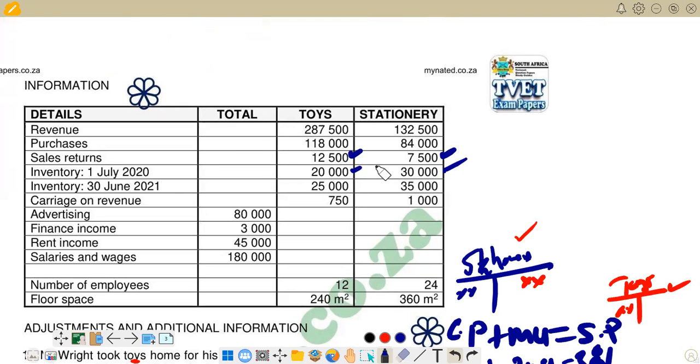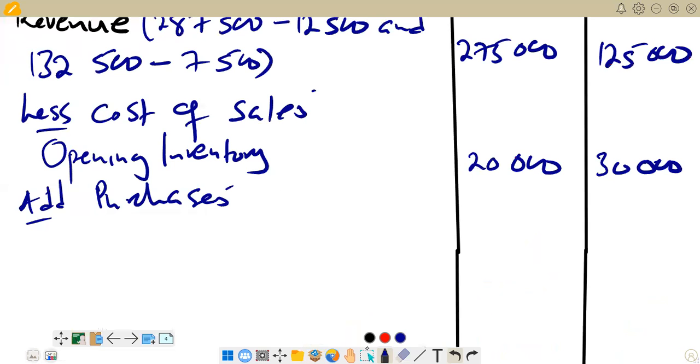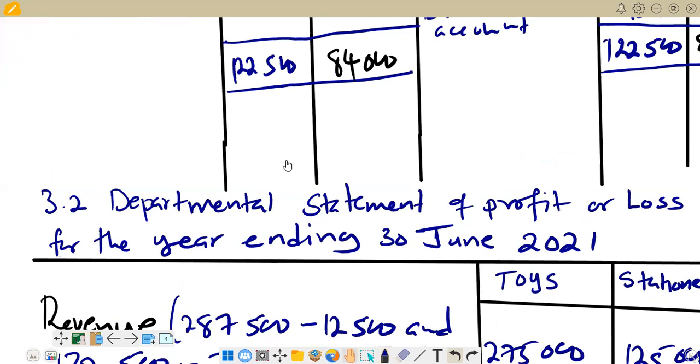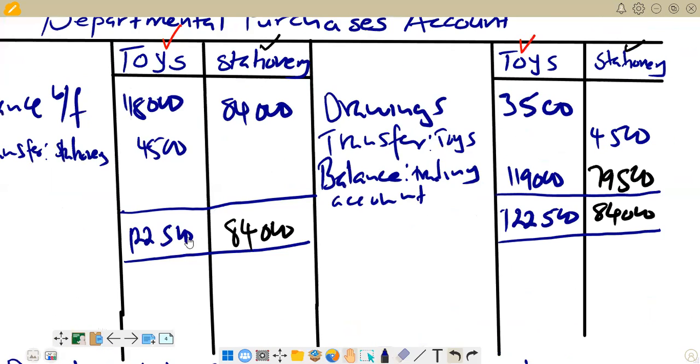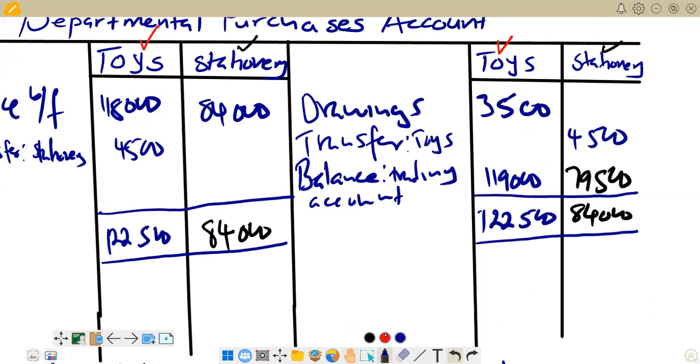For purchases, we are going to check the figures that we got in the purchases account. Remember, we prepared the purchase account. So we go back there and just try to see the figures that we found in the purchases account. So if you come here, you see that these balances that we got in the purchases account are the figures that we're going to transfer here under cost of sales.